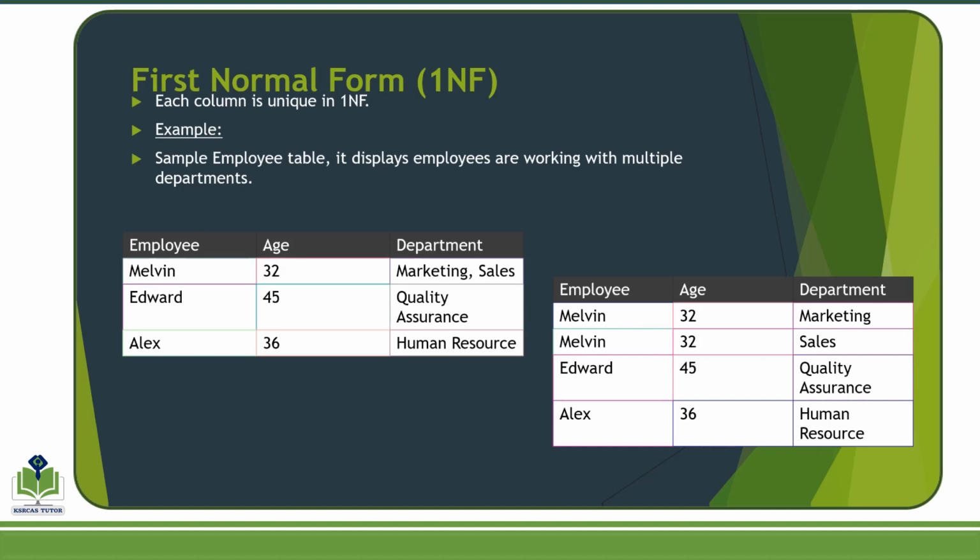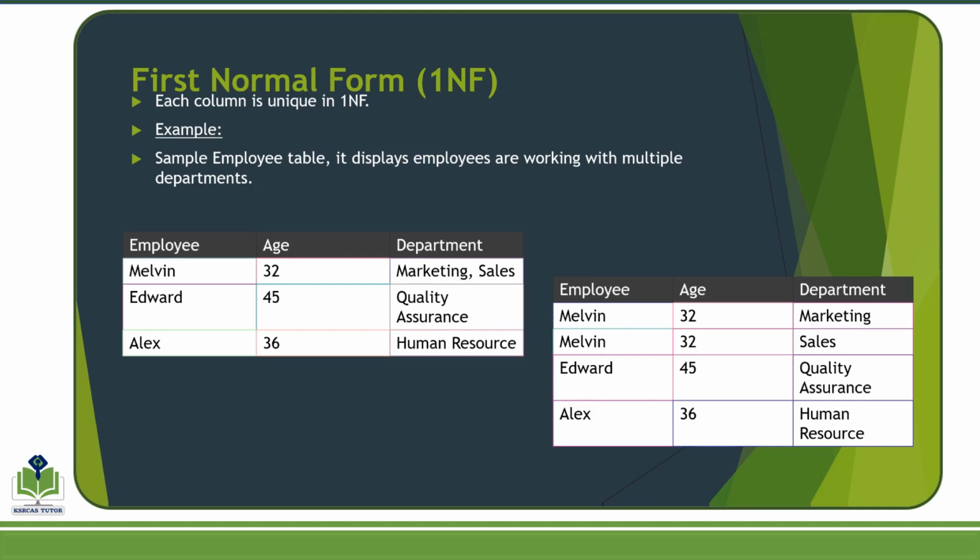In order to achieve the first normal form, we are splitting the departments into two, that is marketing and sales. The existing table is converted into another table in order to achieve the first normal form. Melvin of age 32 is working in the marketing department, first row.